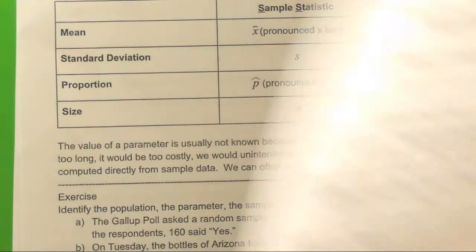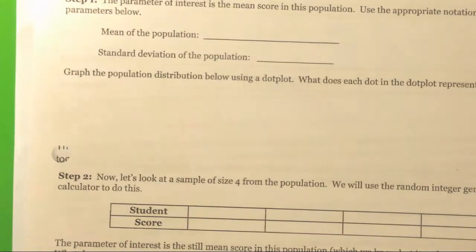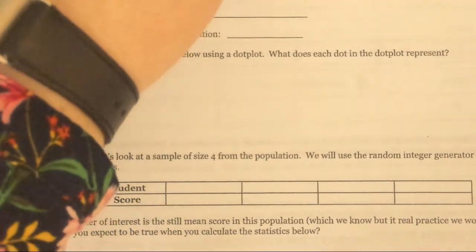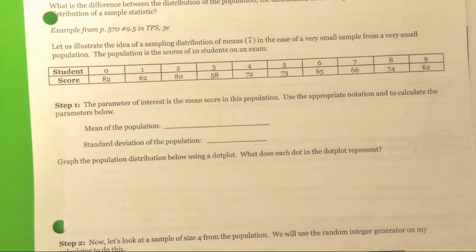The thing I want to do first is that cool little activity. Oh, goodness gracious. I want to look at the difference between the distribution of a population, the distribution of a sample, and the sampling distribution of a sample statistic. There's a class, and it's a very small sample from a very small population.